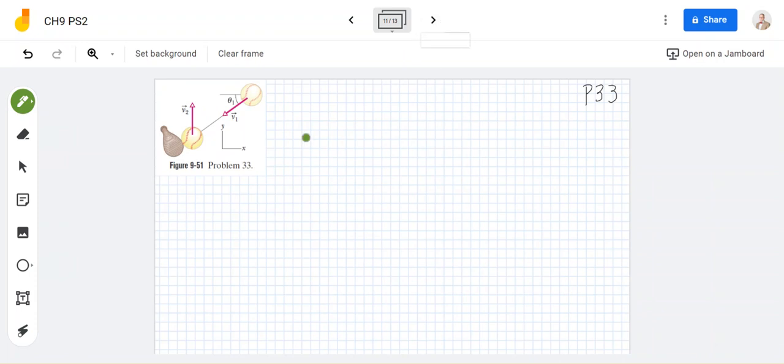Weirdly enough, we have another softball problem. Figure 9.5 shows a 0.3 kilogram baseball. Oh, this one's a baseball, sorry.